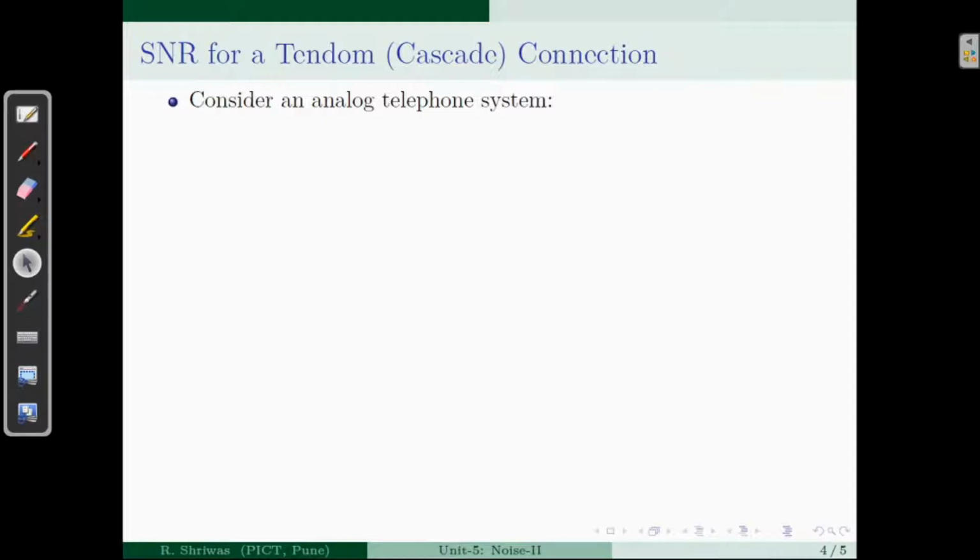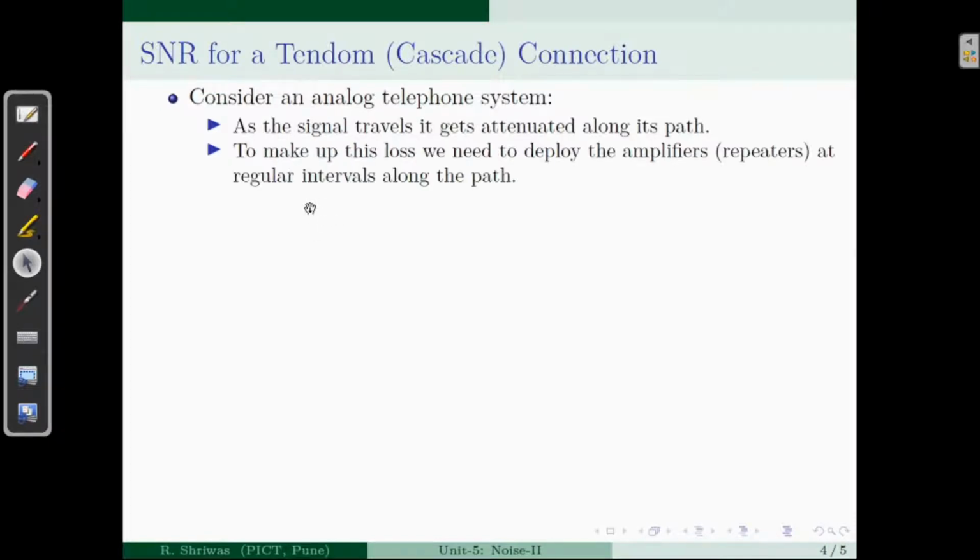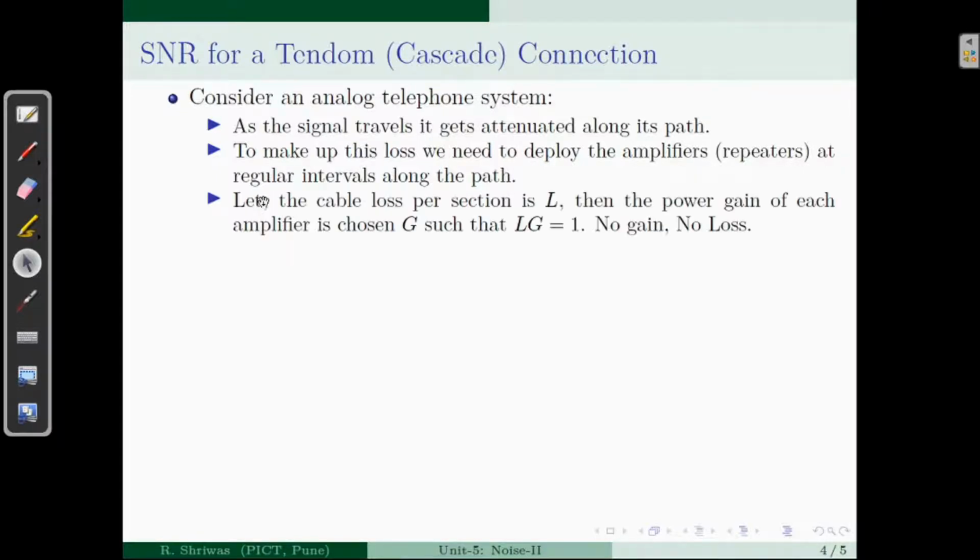As the signal travels more and more, the attenuation becomes more and more. So we have to use amplifiers or repeaters in between along the path. To make up this loss, we need to deploy amplifiers at regular intervals along the path. So let's assume that the cable loss per section is L, that after a certain cable length we are going to use an amplifier.